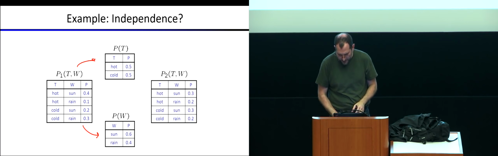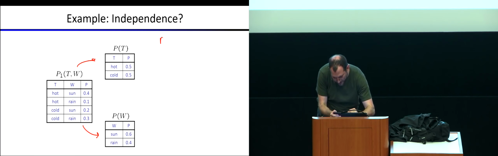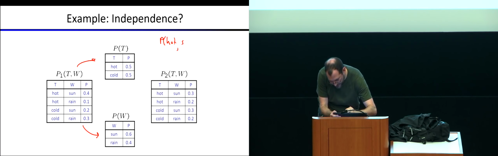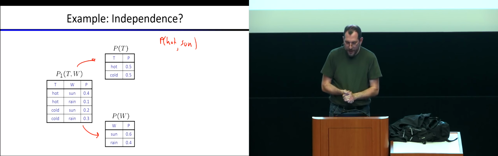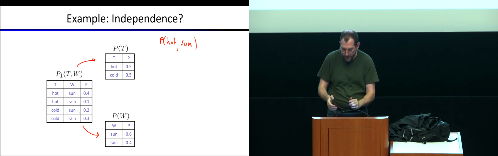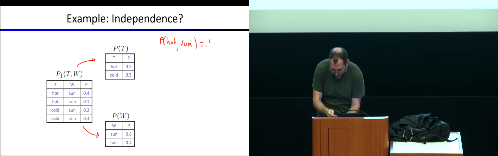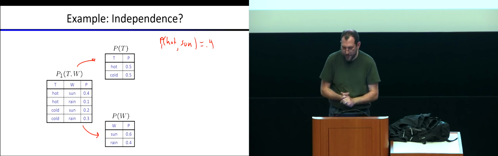Now I can ask a question, which is, what is the probability of hot, sun? Well, I can look it up in my table in P1, and I see, oh, it's 0.4. Okay. So in P1, that's 0.4.